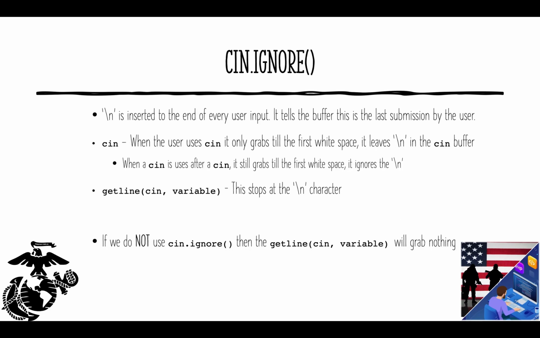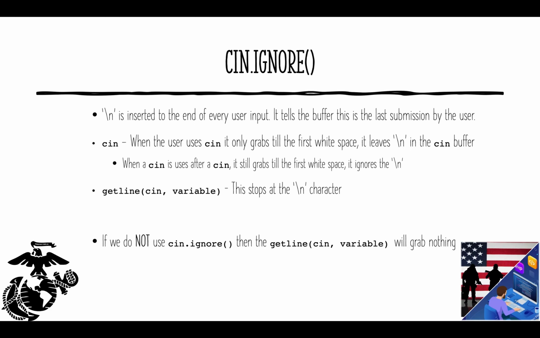Now we're going to talk about cin.ignore. This is where things can get a little bit tricky, and it's going to talk about that new line character that we were just talking about. This is what is added at the end of a transmission, or I will call it a submission from the user. So let's say that I do a cout statement and I ask, what is your name?